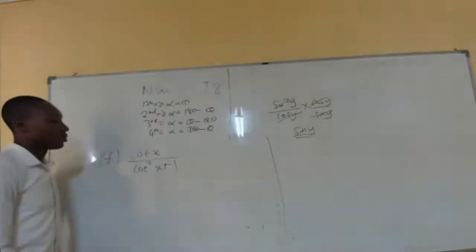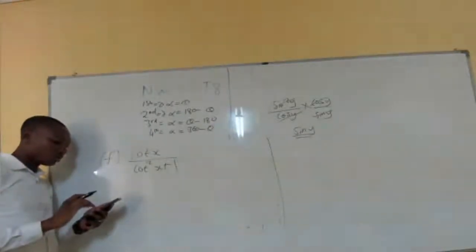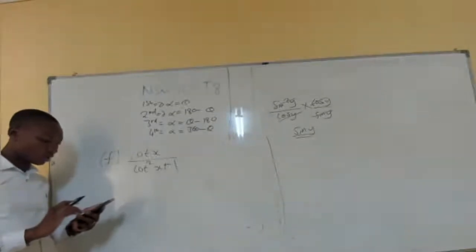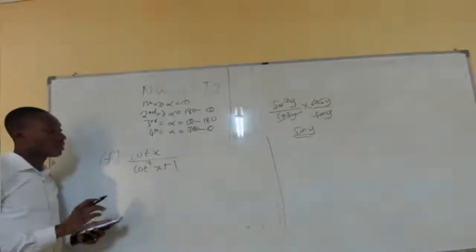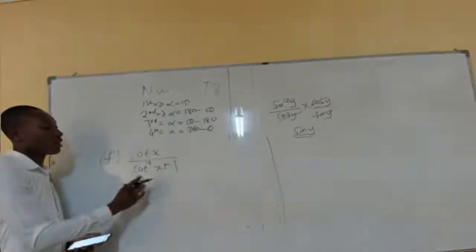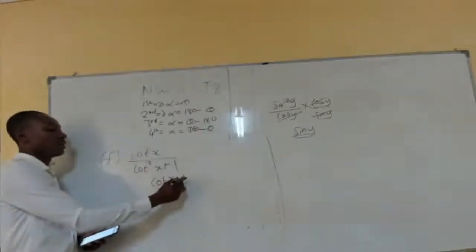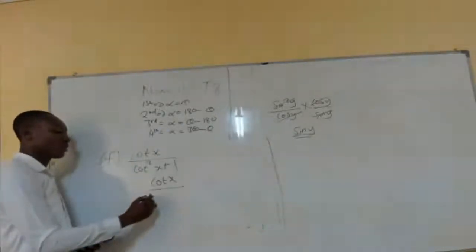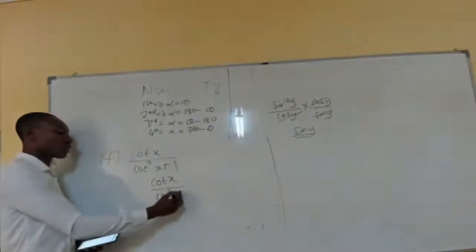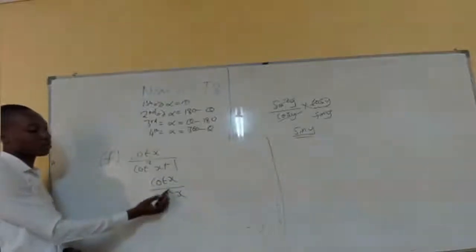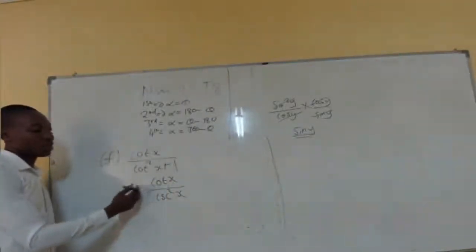Now we know we have an identity for cot squared x plus 1, which is cosec squared x, right? So we have cot x over cosec squared x.